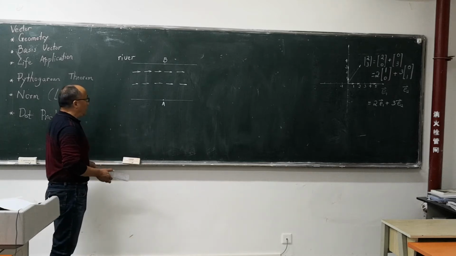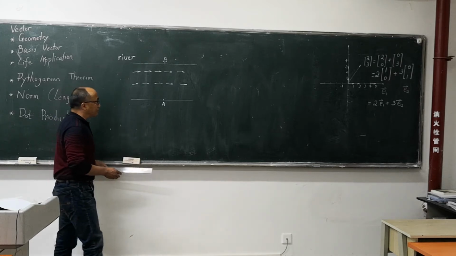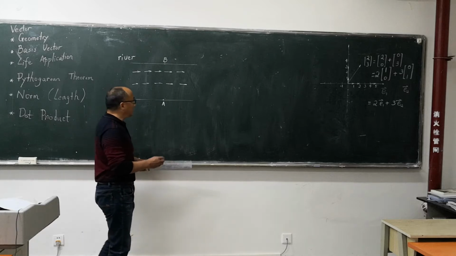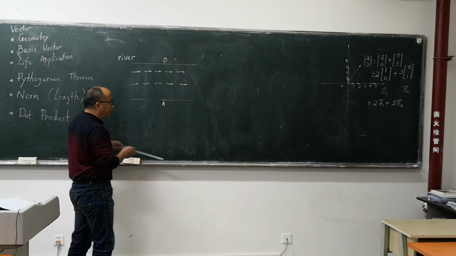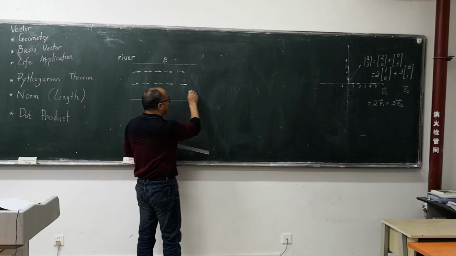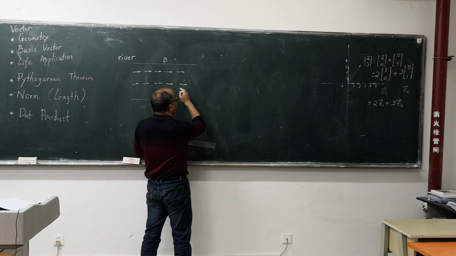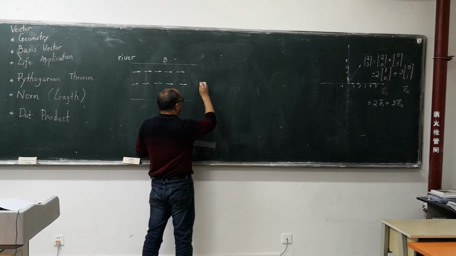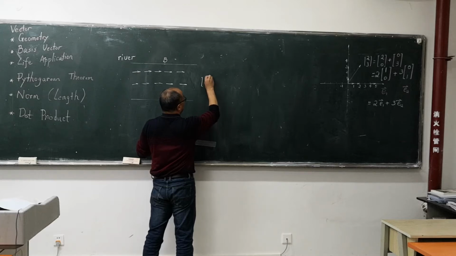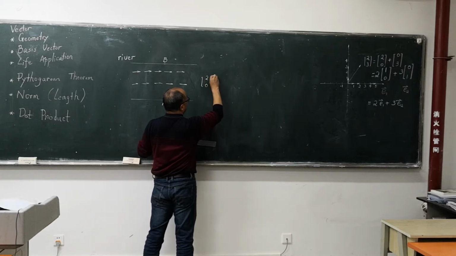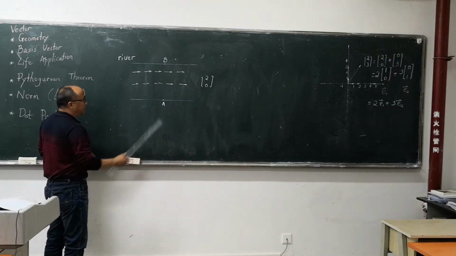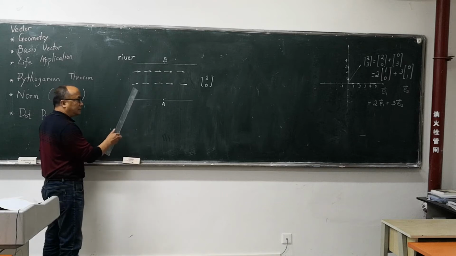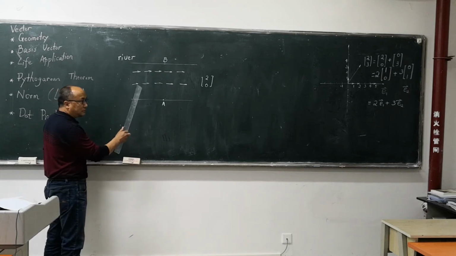This question we have talked about before. I want to go through it a little bit. This is a river that is flowing, and the vector is 2, 0. The origin doesn't matter.